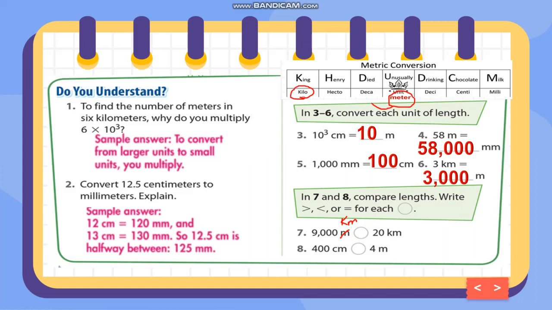That is tens, hundreds, thousand, and that is from a smaller unit to bigger unit. So it's divide. It means I'm going to divide by 1,000. How to divide 9,000 by 1,000? Just cancel the 3 zeros because you have 3 zeros there. Then 9 divided by 1 is equivalent to 9. So that is 9 kilometer and the other one is 20 kilometer. So still 20 kilometer is the bigger one.